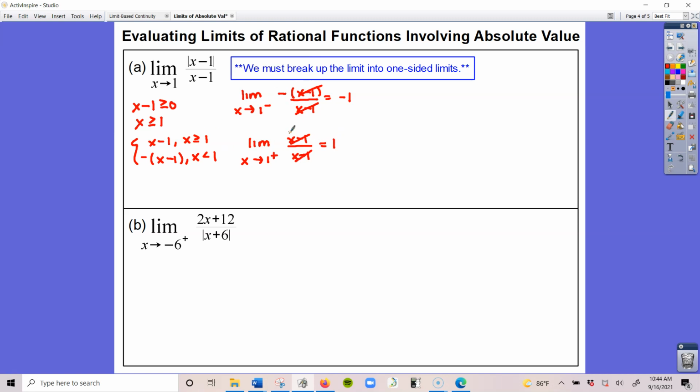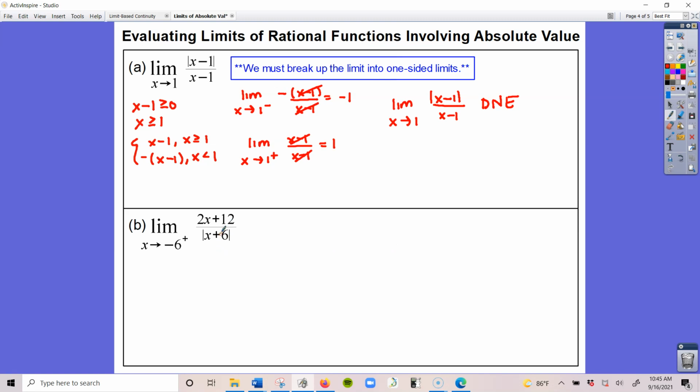So essentially, when you're rewriting your one-sided limits of absolute value, you replace the absolute value with the one-sided part from your piecewise function. Now for the general limit, as you can see, these one-sided limits do not approach the same number. So the general limit as x approaches 1 of the absolute value of x minus 1 over x minus 1 does not exist.